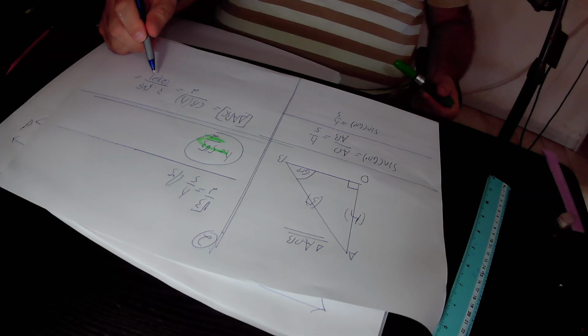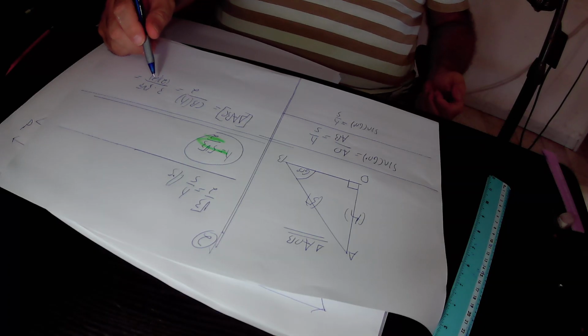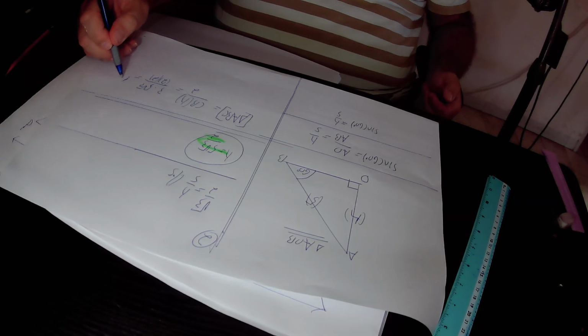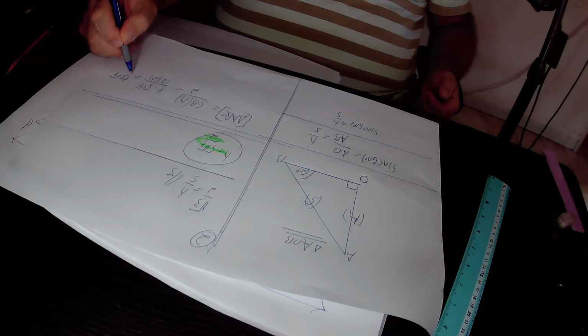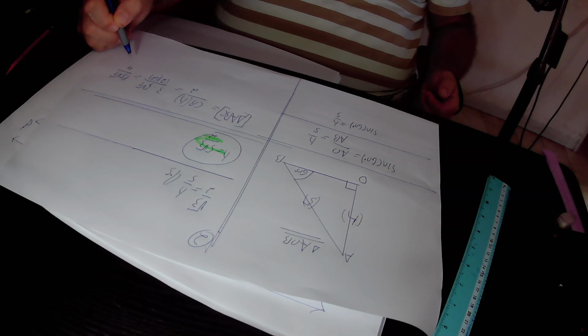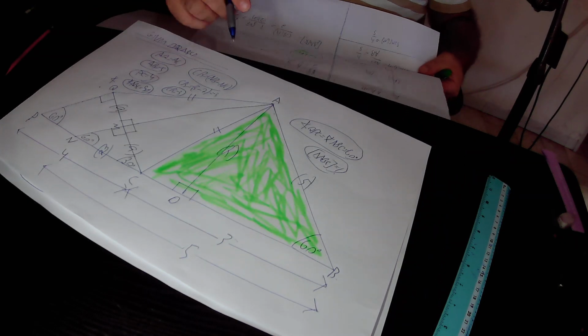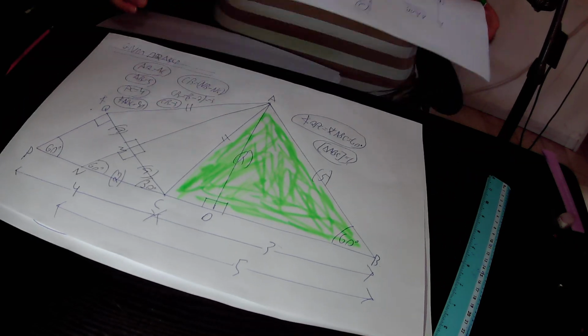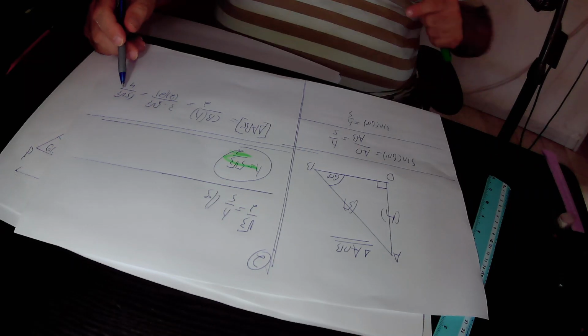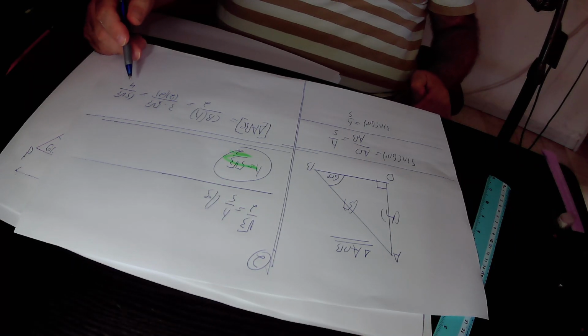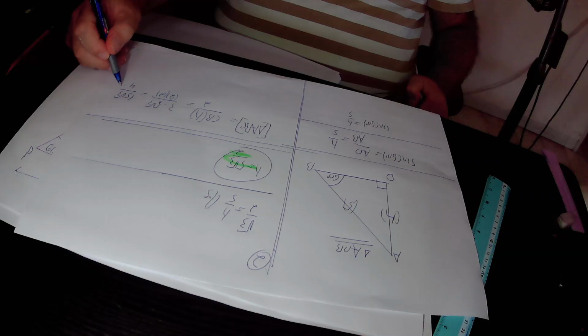So in the numerator of this expression we have 5 times 3, that is 15, times square root of 3, over 2 times 2, that is 4. So we found that the area of this triangle ABC equals 15 times square root of 3 over 4 square units, or in terms of numbers, approximately 6.5 square units.